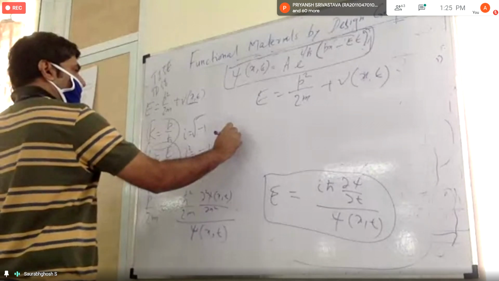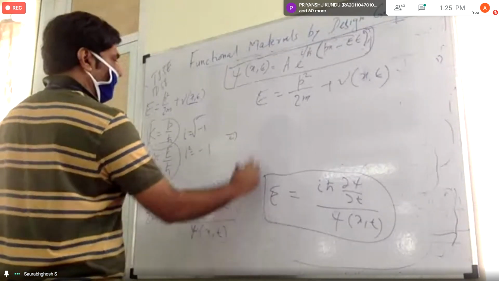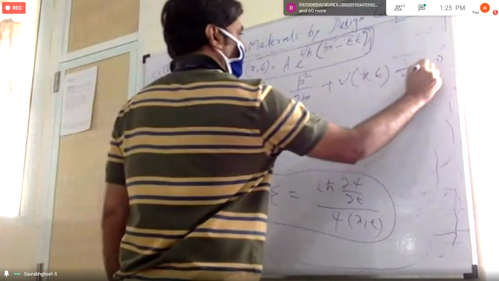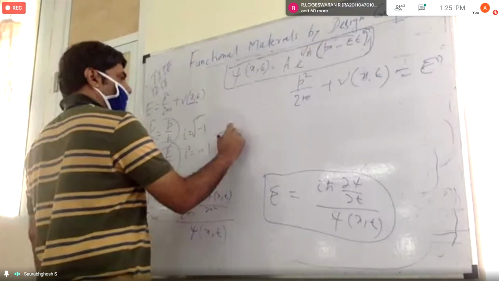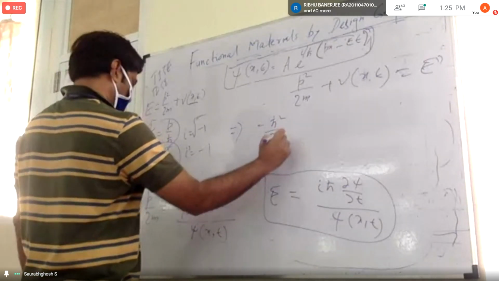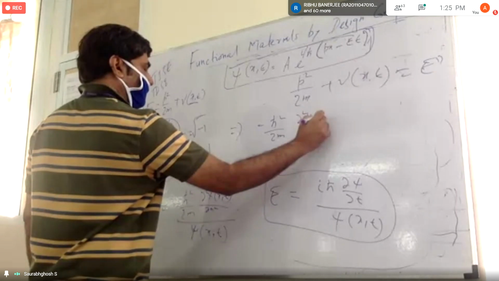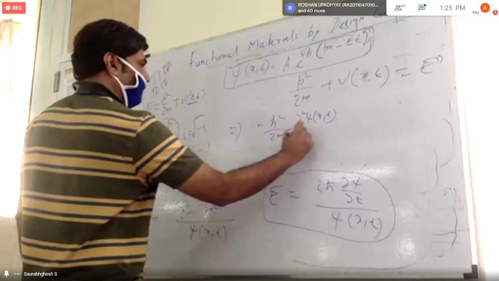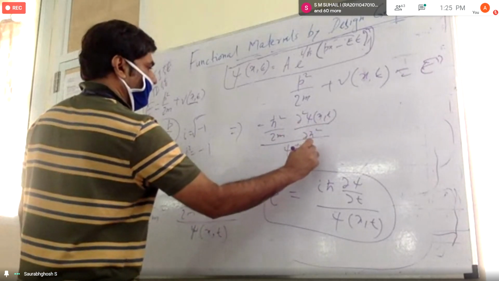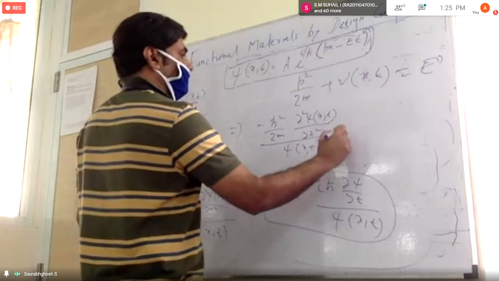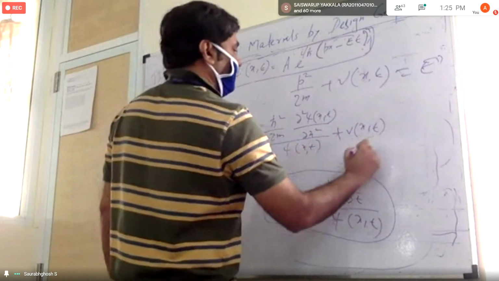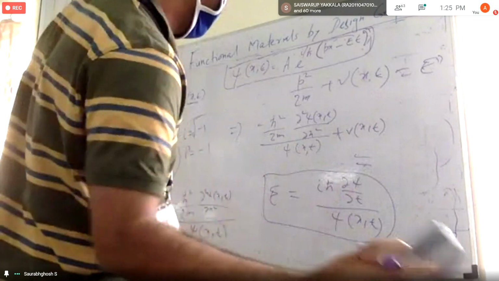So p square by 2m means minus h cut square by 2m del square psi of x,t by del x square divided by psi of x,t, plus V of x,t is equal to E, and E is nothing but this.